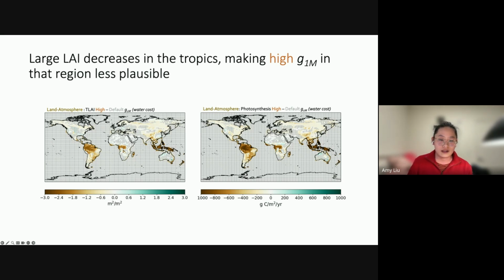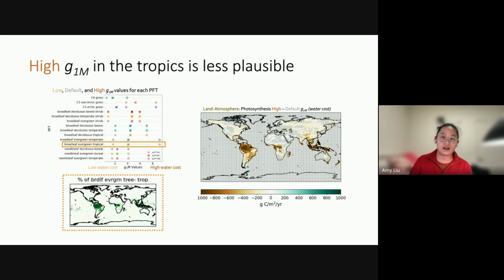I think the combination of the large decreases in photosynthesis and large LAI decrease, on a scale of 3, in the tropics make the high GUNM value in that region a lot less plausible. And if we look back to our plot of how much we perturbed each PFT, we see that the high perturbation for, as mentioned earlier, the broadleaf evergreen tropical PFT is quite high, like this point over here is very high for that PFT, which is what the tropics mainly consist of based off this spatial PFT plot.